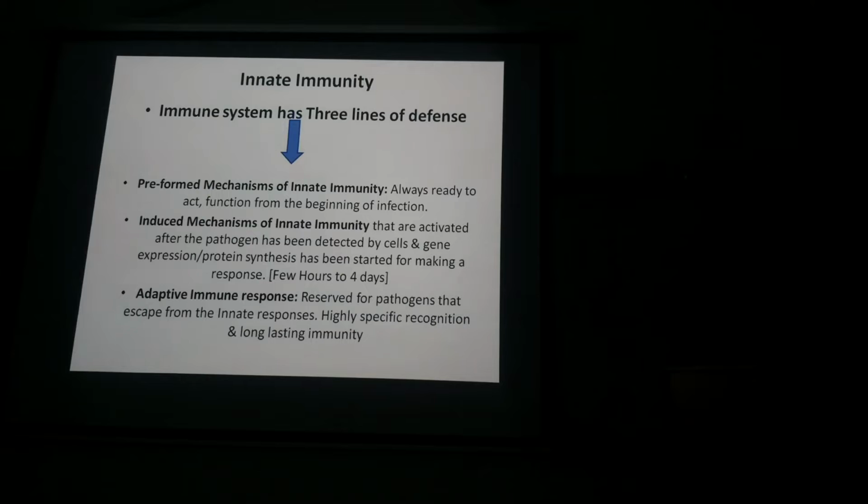response. Then there are adaptive immune responses, which are reserved for pathogens that escape from the innate immune responses. In our previous lectures, I told you that most of the infections would be cleared by the innate immune system. And you don't know about such infections because they're not producing any symptoms of disease.